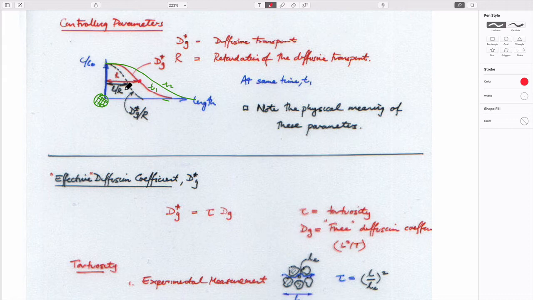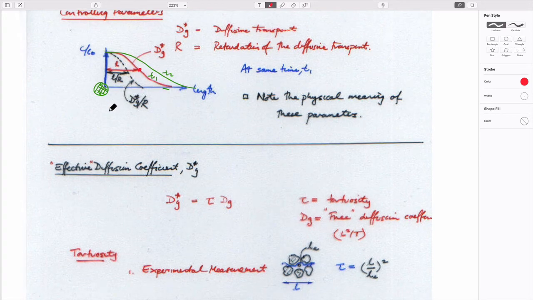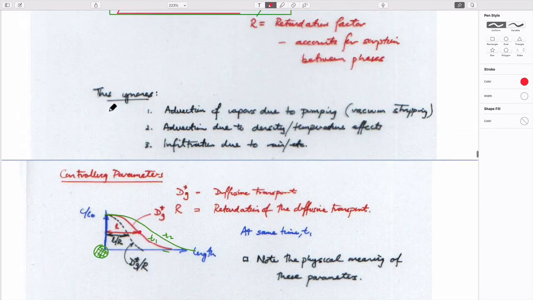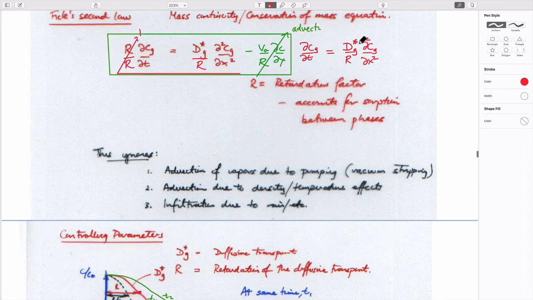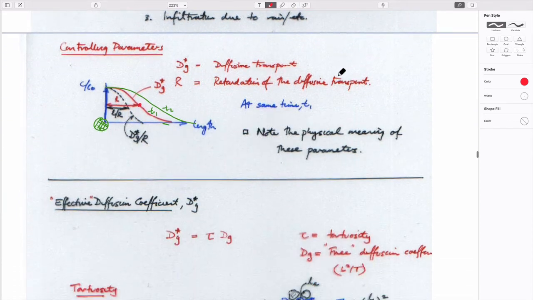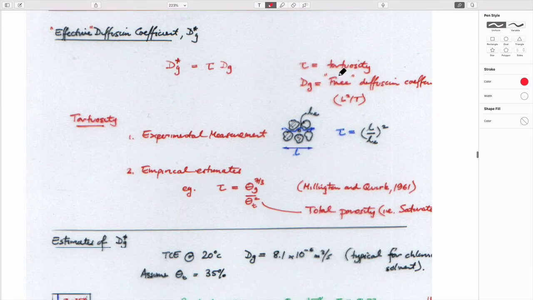And so it just gives that same scaling. And so we need to be able to define these parameters that describe this system. So one clearly is the effective diffusion coefficient, and one is the effective retardation behavior. And so we need to define at least each of those components.